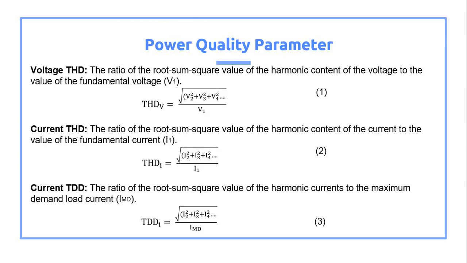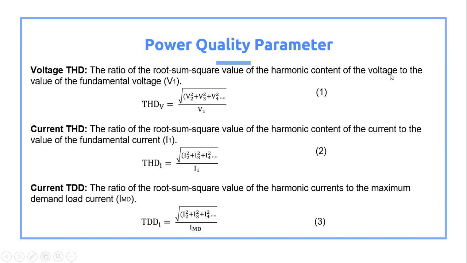Now these are the power quality parameters, and it is represented as THD, Total Harmonic Distortion: the ratio of RMS value of harmonic content of the voltage to the value of fundamental voltage. That is voltage THD.